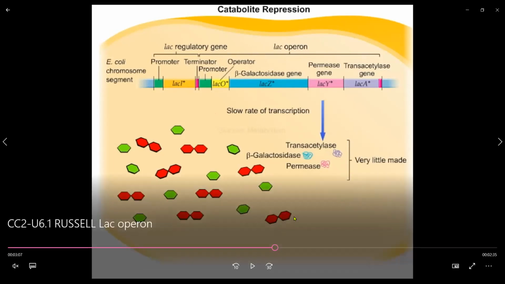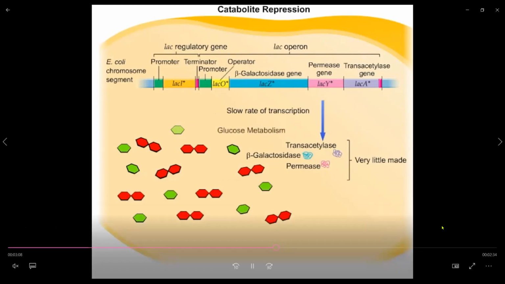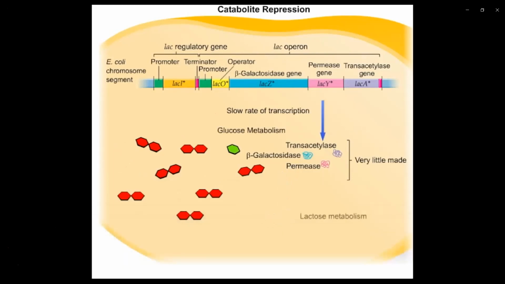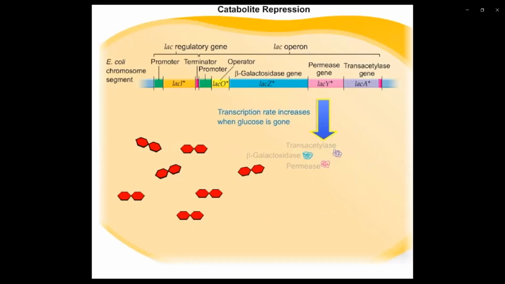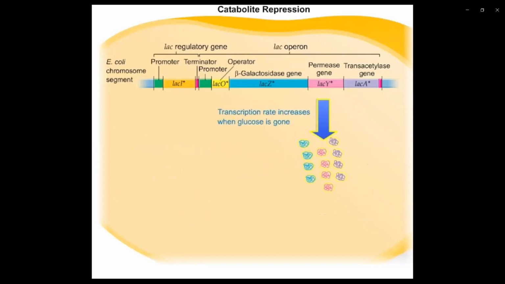Only when glucose is totally exhausted, the lactose will be utilized. So once the glucose is totally utilized, then lactose metabolism starts. So transcription increases when glucose is gone and rapid lactose metabolism starts.